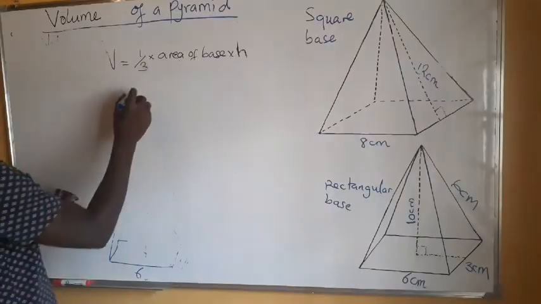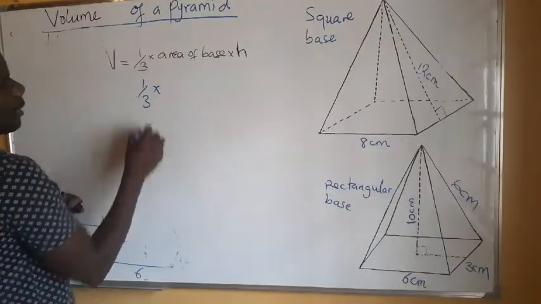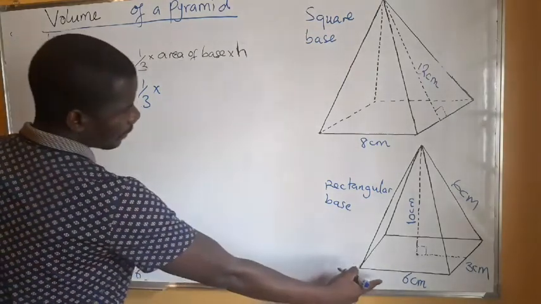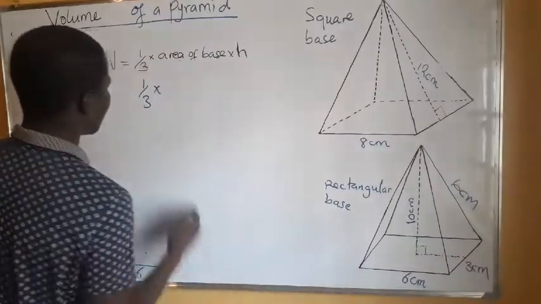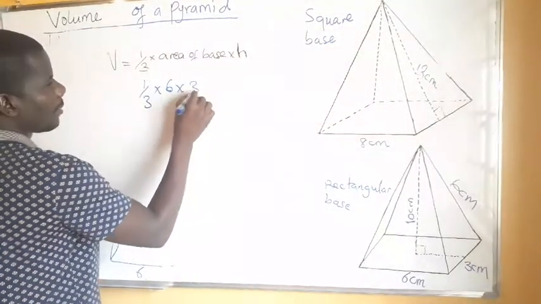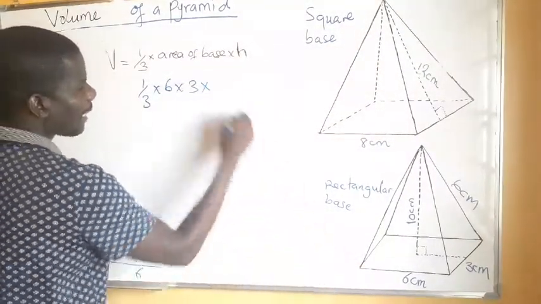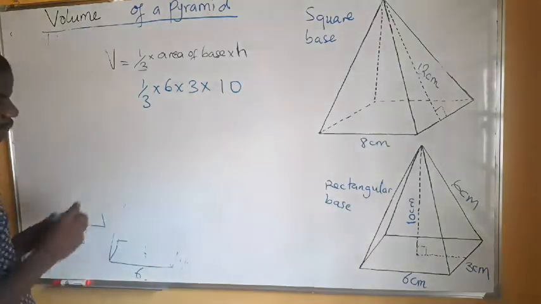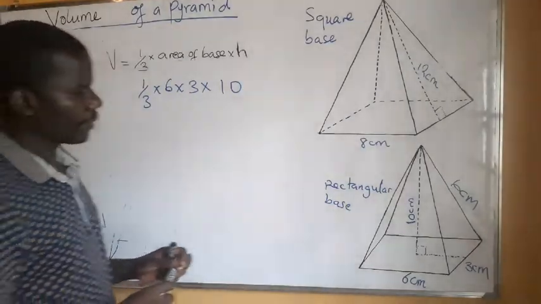Now remember that our base is 6 multiplied by 3, multiplied by the perpendicular height, which is 10.